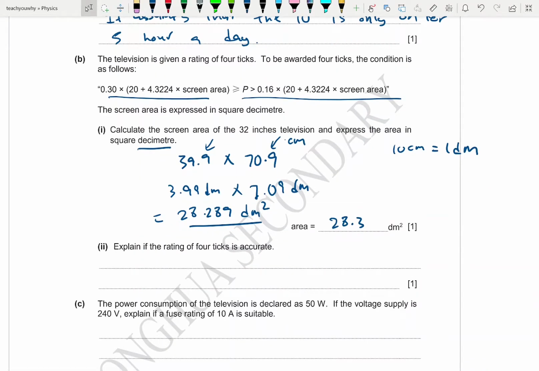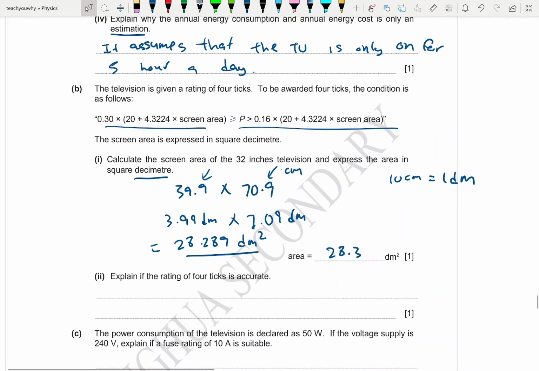Explain if the rating of 4 ticks is accurate. Let's plug this in here and here. So we have 28.3. Let's see what we get. 4.3224 times 28.3 plus 20 times 0.3.